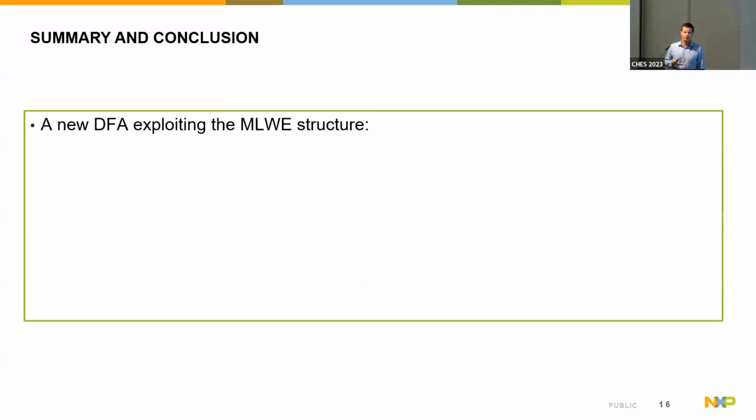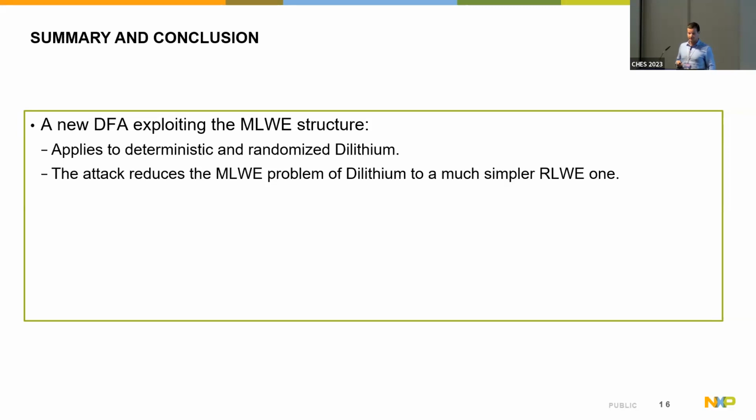Okay, a small summary. We presented a new differential fault attack on MLWE. This applies to both deterministic and randomized Dilithium. The core of the attack is to take the MLWE instance and map it to a ring LWE.